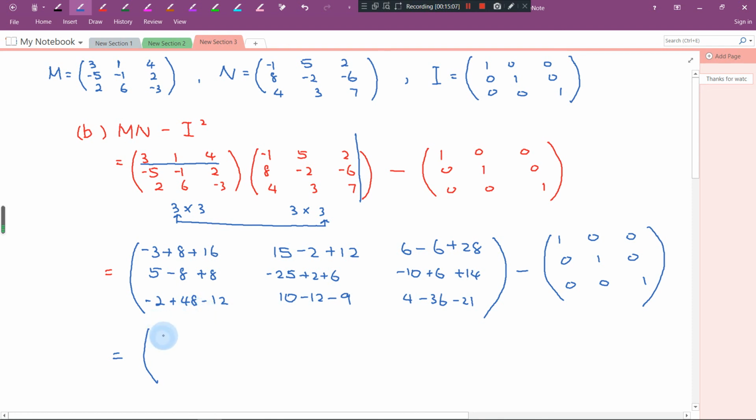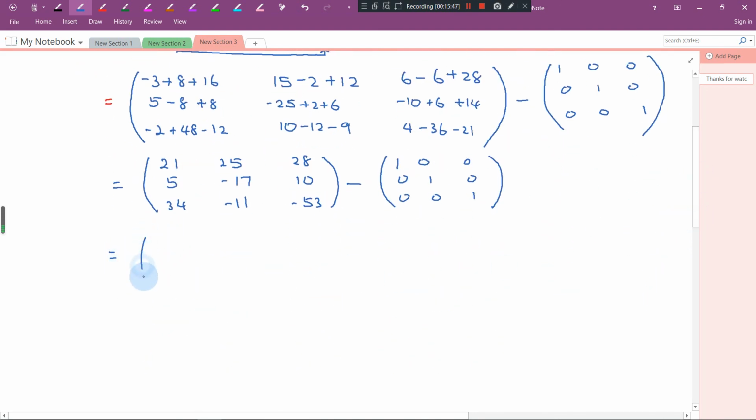Okay, so you should be able to get 21, 25, 28, 5, negative 17, 10, 34, negative 11, oh, negative 11, not 111, negative 11, and negative 53. And don't forget, we have to minus the identity matrix 1, 0, 0, 0, 1, 0, and 0, 0, 1.